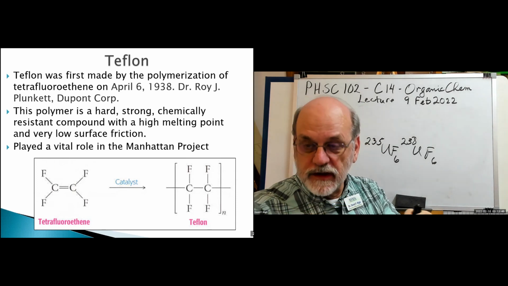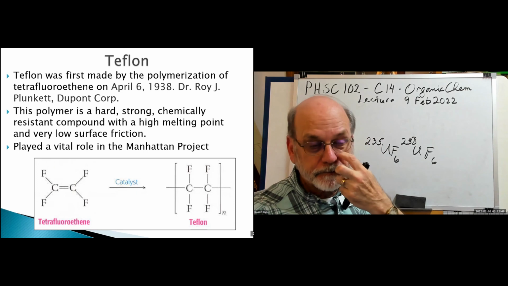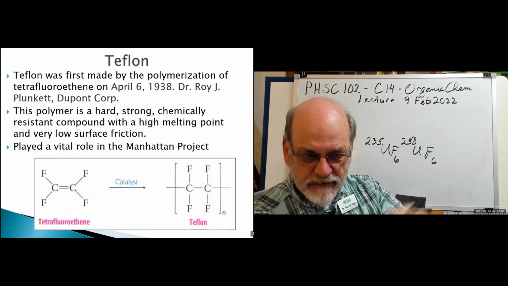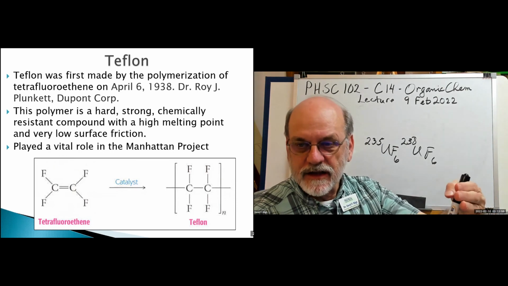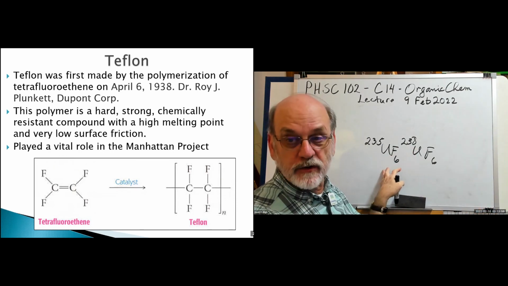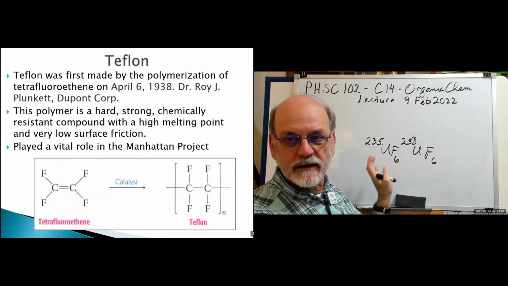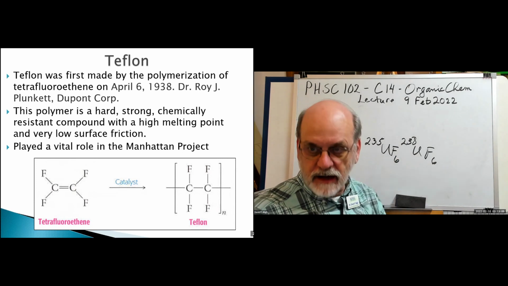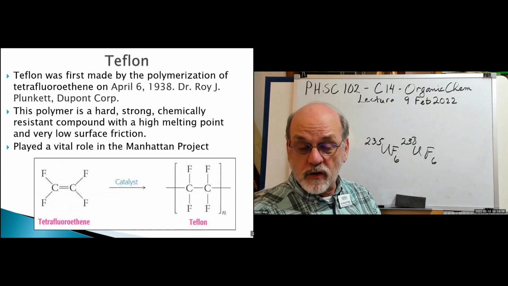Then they would bleed off part of it and send it back through the sieves. Eventually, after thousands of sieves, you would end up with a highly concentrated fluoride of uranium-235. Then they would just have to remove the fluorine, make the metal again, and combine it in the proper configuration to make a bomb.